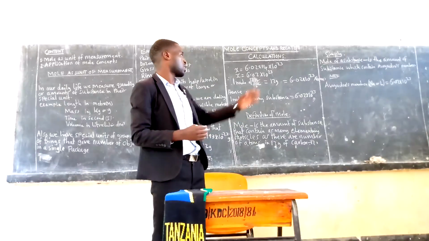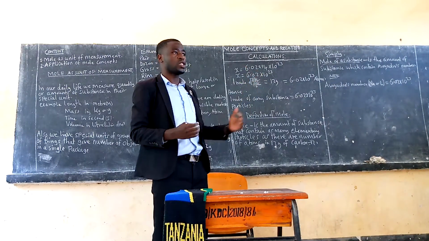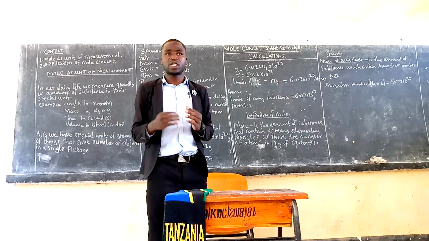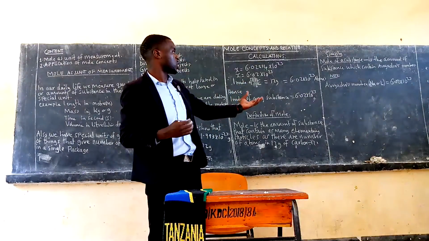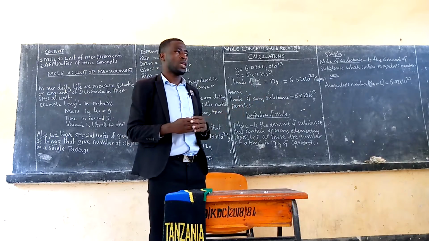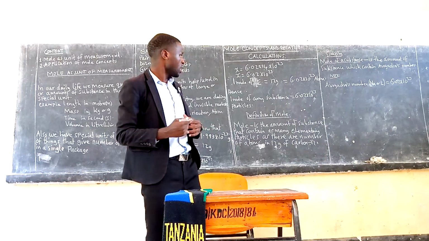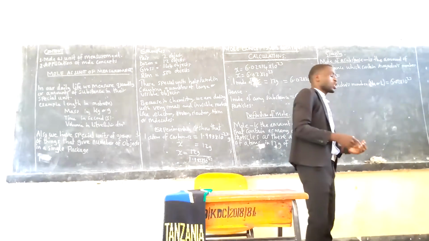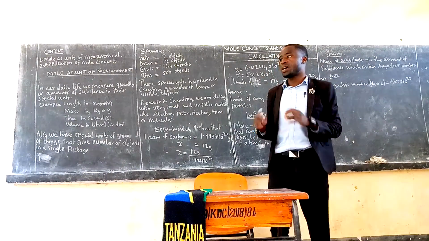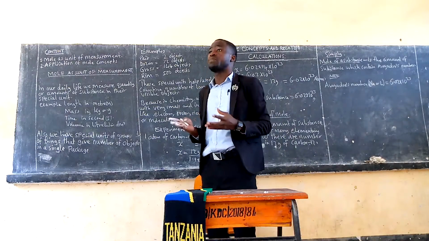They honored him by giving this constant number the name Avogadro's number, because it is the number of very tiny particles which cannot be seen.